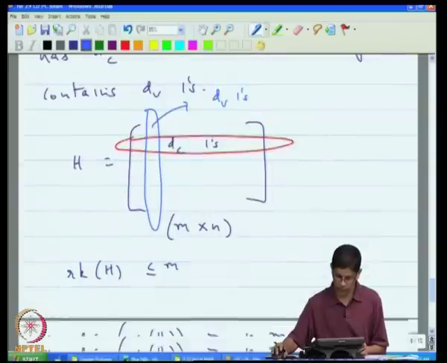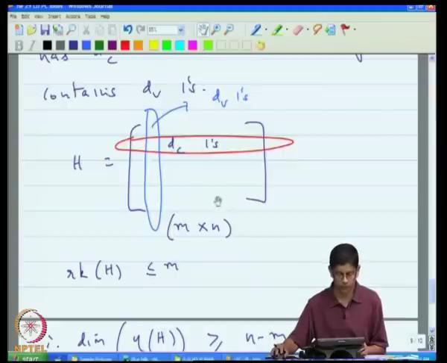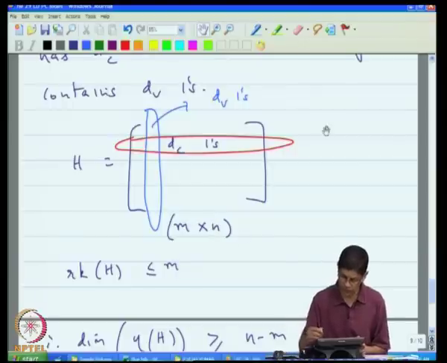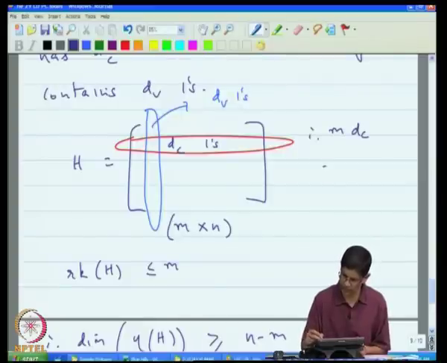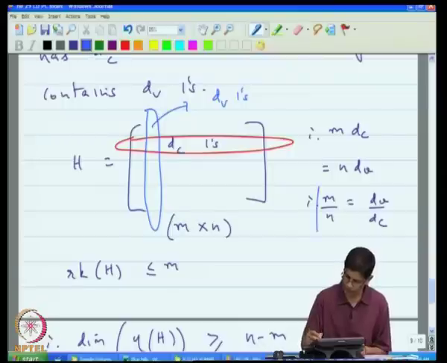But now you can count the total number of ones either by counting row by row or column by column. So, the total number of ones in this matrix on the one hand is m times d_c, on the other hand it is n times d_v. Therefore, m times d_c is equal to n times d_v. Therefore, m by n is equal to d_v by d_c. So, this is our second equation.